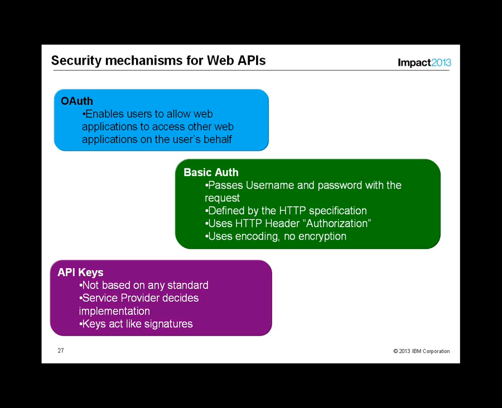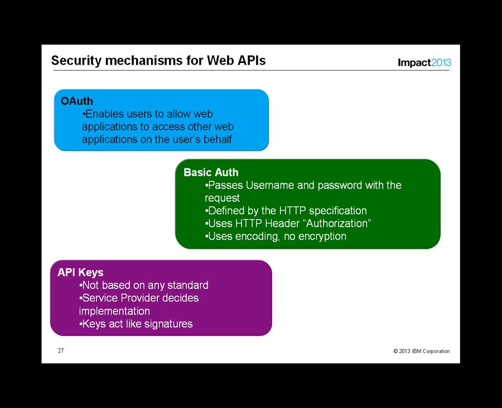Now, API keys, as I said, are basically nothing but your identity that is provided to you by the API provider, right? I gave you an example of the API key and secret that I had from everytrail.com. But again, this is really not based on any standard. It could be the way the provider provides, right? It's a very provider-specific implementation.